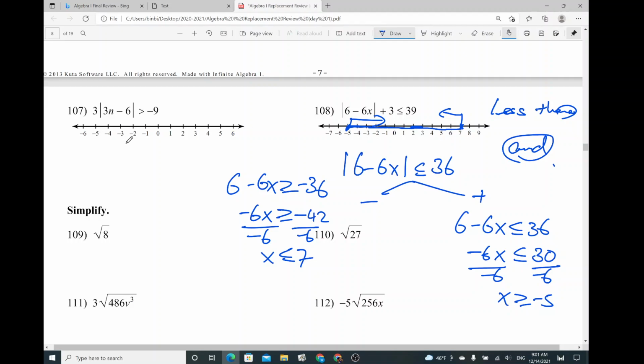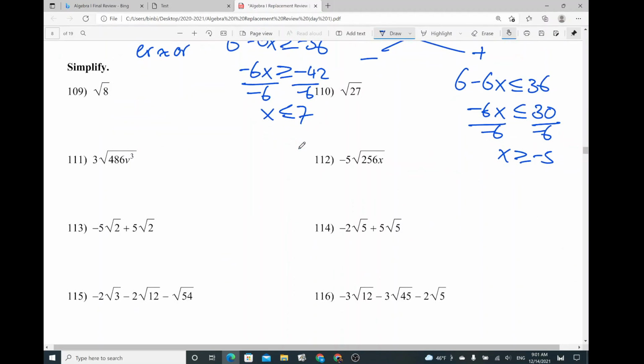If that's greater than, like number 107, so greater than, that means it's going to be or, which is similar to or. Or means it's going to be two separated directions. So that's the best way to recognize the structure for the absolute value inequality. Less than or equal to, and, intersect. Greater than or equal to, or, two separated directions.